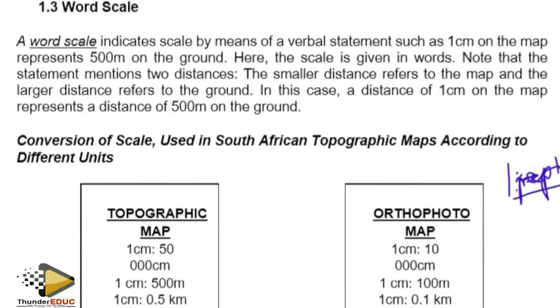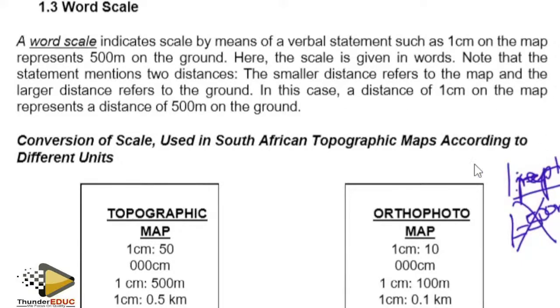It is not equivalent to. So some of you write it like 1 centimeter equal to 500 meters. This is very wrong. Please avoid it. It will never be equal to 500 meters. It can't be, but it represents 500 meters on the ground. So understand, learners, that this one is very wrong. The right word to use is either represents or ratio.